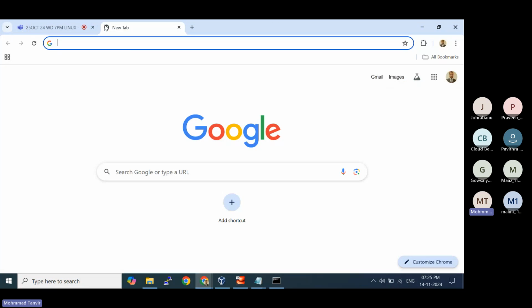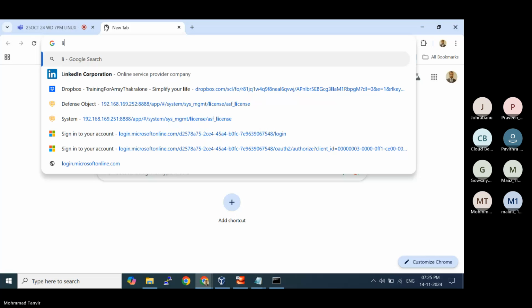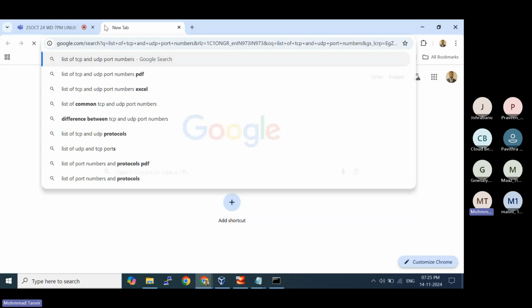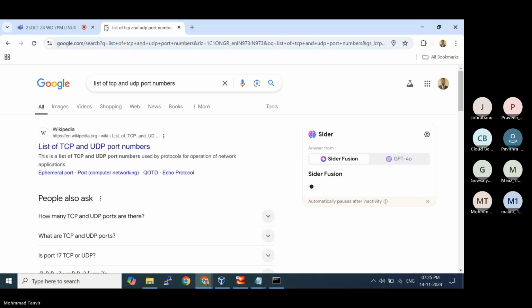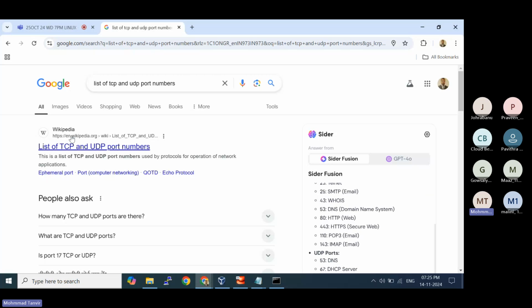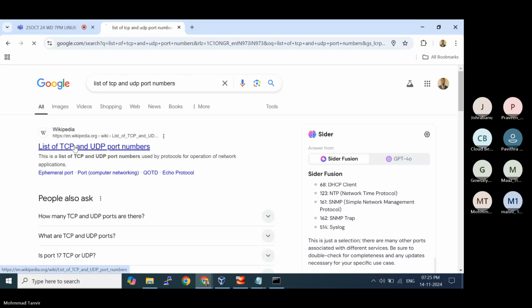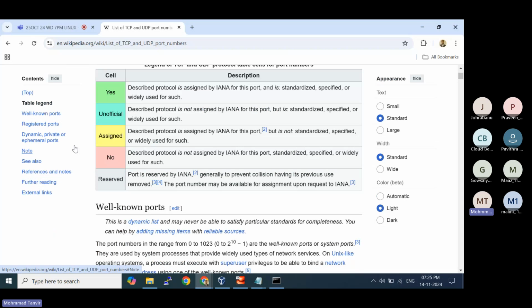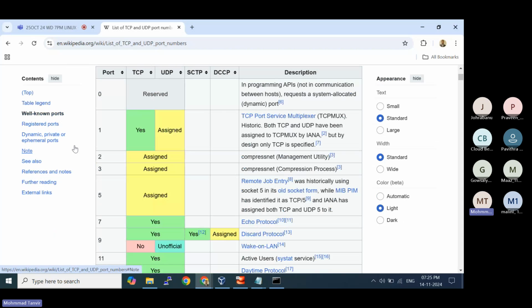Now the next thing we have is the list of TCP and UDP port numbers. When you search for it, you'll find the list, and in this list you can see we have full details. Like port number 1 is assigned to which protocol, 2 is assigned to which protocol.